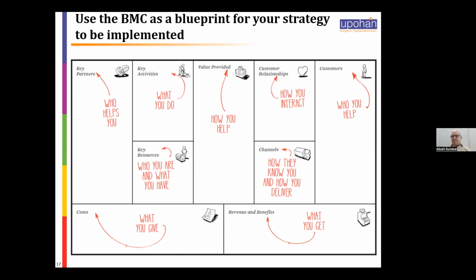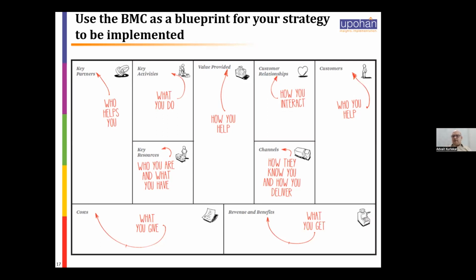You print this on A3 size, put it up on your whiteboard or your softboard in the office space that you have, and start putting post-it notes in each of these segments. Whether it's customers, customer relationships, channels, value provided, revenue, cost, key activities, key resources, and key partners.